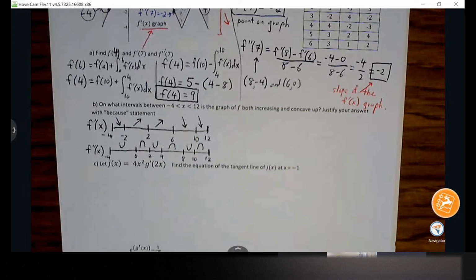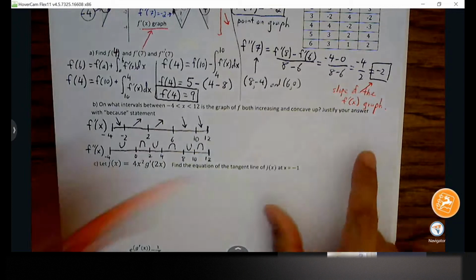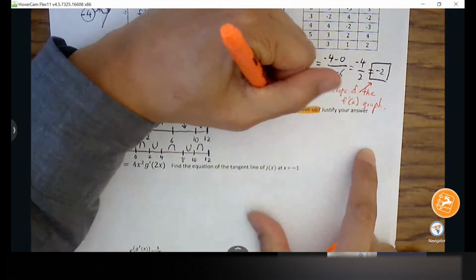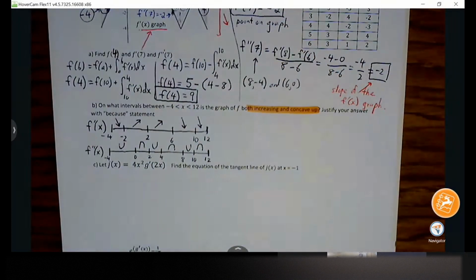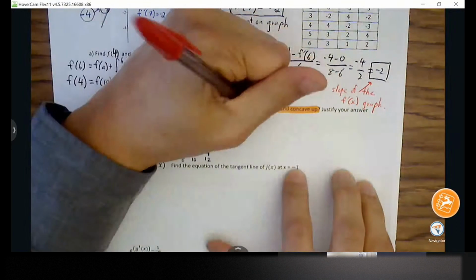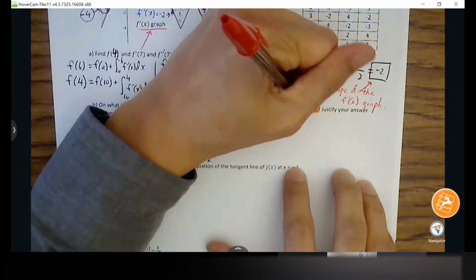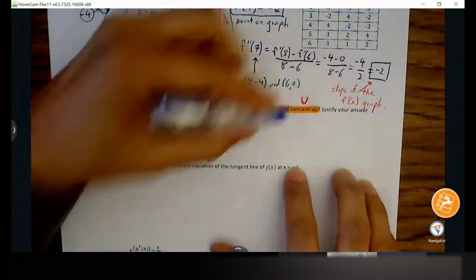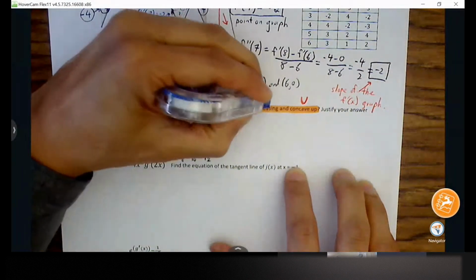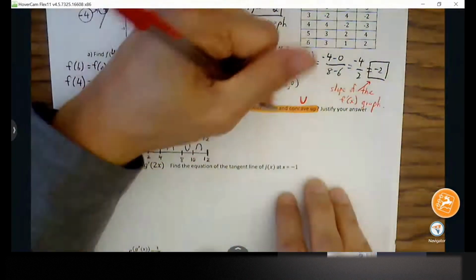Okay, so we want to know when we are going to get increasing and concave up. So we're looking for a combination of concave up and increasing, which I mark with an arrow pointing up.